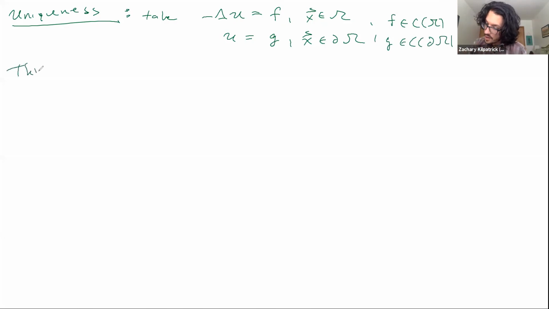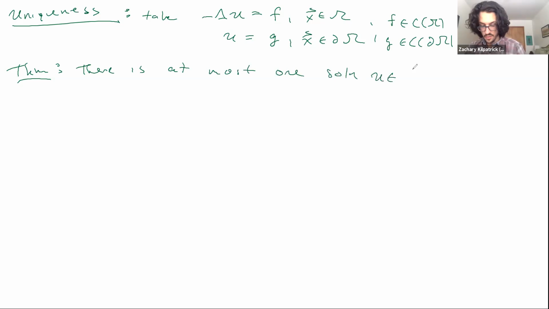And so our uniqueness theorem states that there is at most one solution, U in C2 of omega intersect C over the closure of omega, of our boundary value problem.